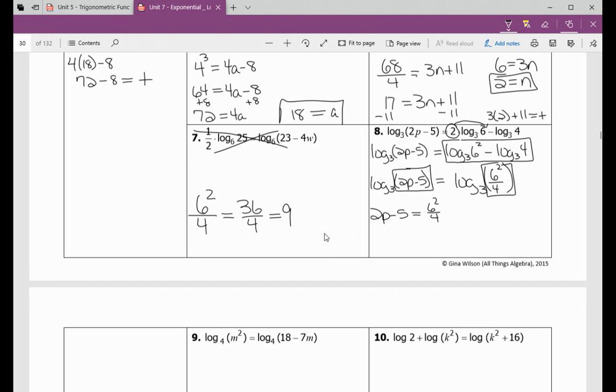Do y'all agree with that part? All right, so 2p minus 5 equals 9. I took this over here and just simplified it out. I'm going to add 5 to both sides. 2p equals 14, so p equals 7.